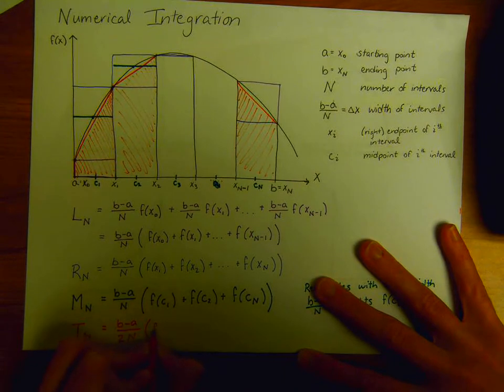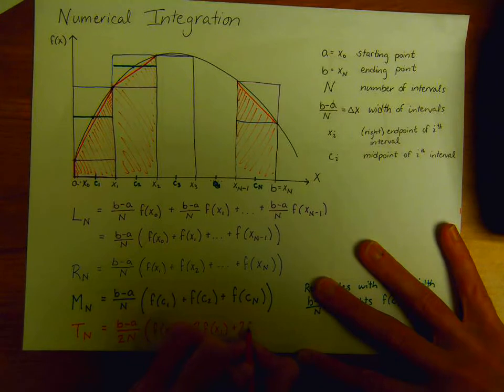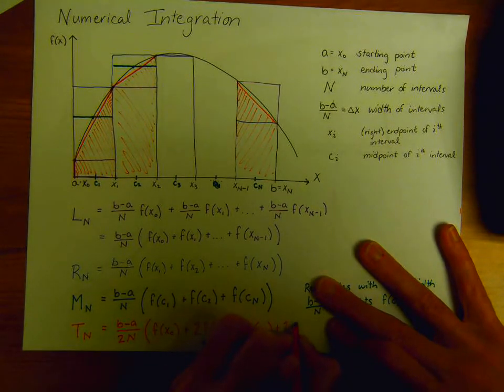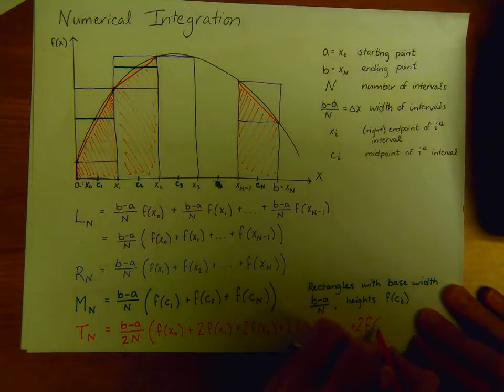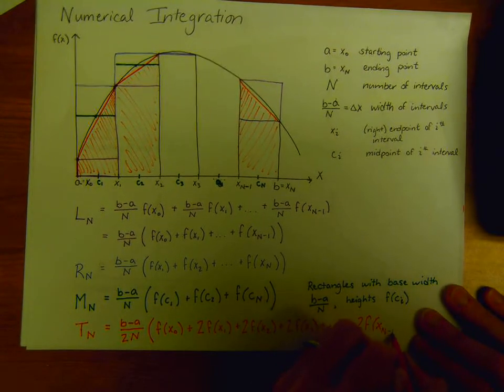And it's going to be f of x naught plus 2 times f of x1 plus 2 times f of x2 plus 2 times f of x3 plus dot dot dot plus 2 times f of x sub n minus 1.